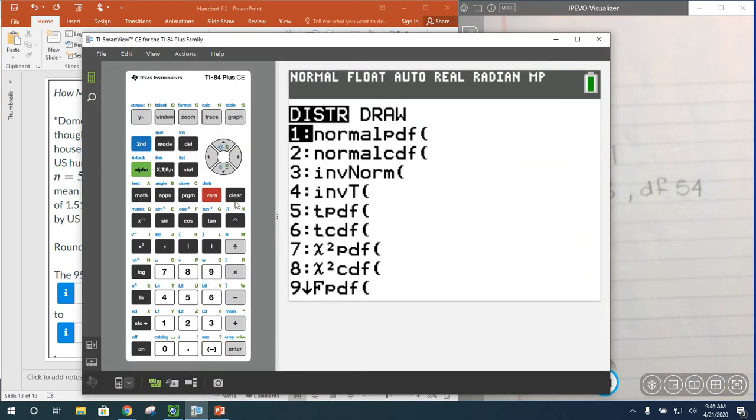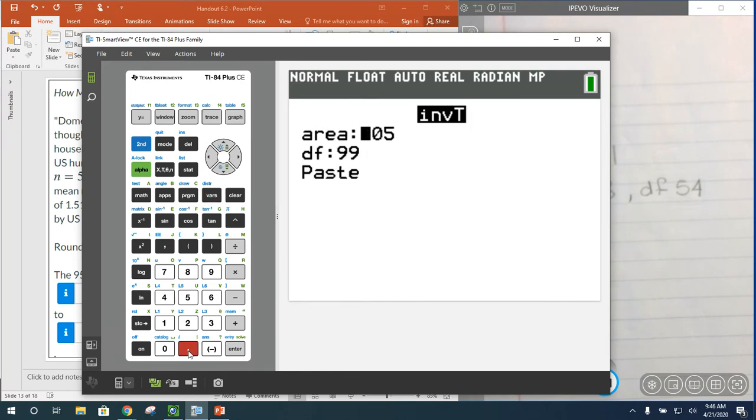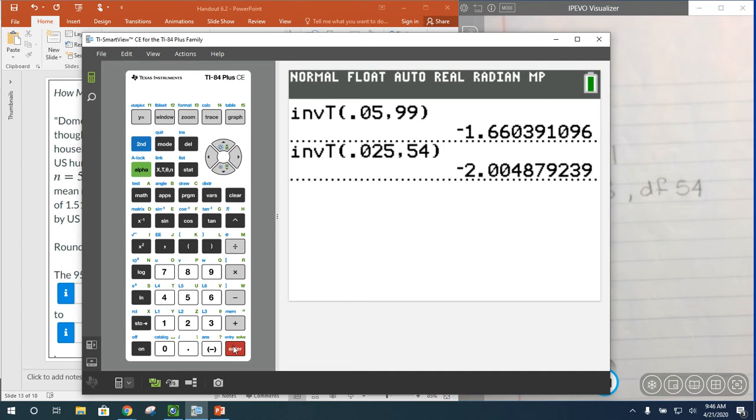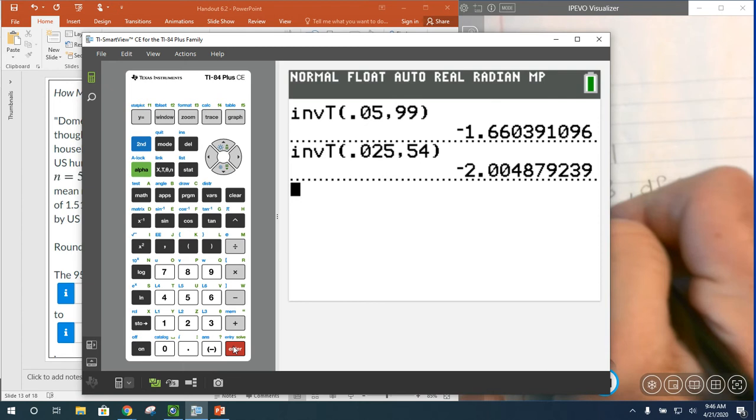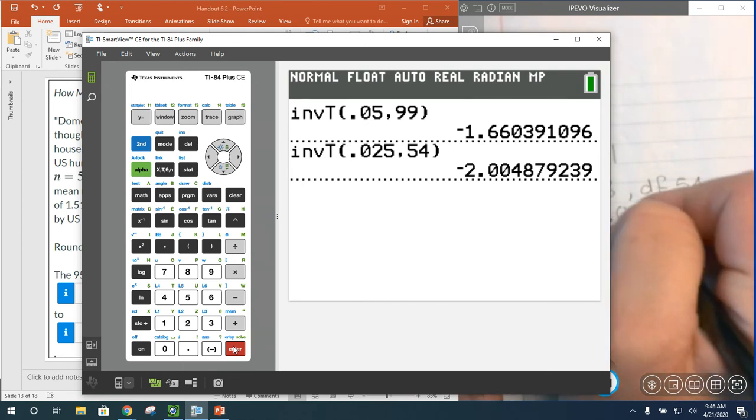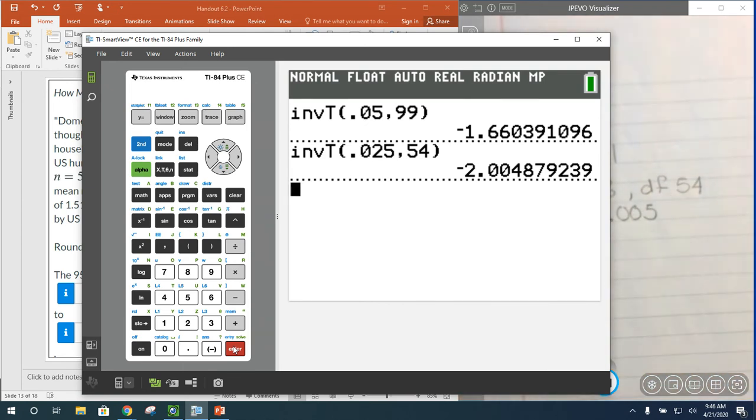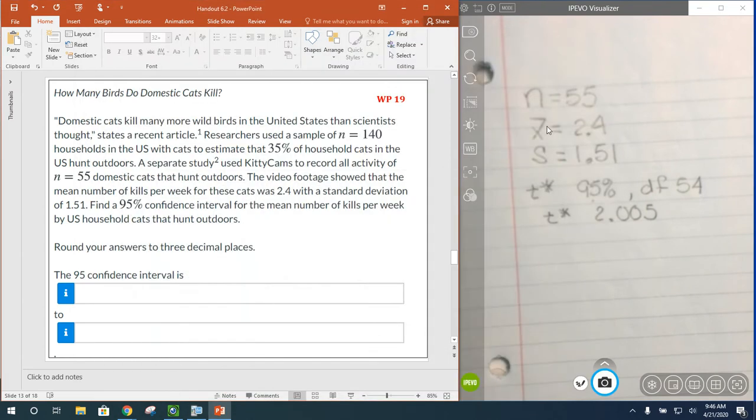Second, vars. We want an inverse t. We want 0.025. We want degrees of freedom of 54. And we get 2.005. So 2.005 at 3 decimal places. Remember, that's a plus and a minus.